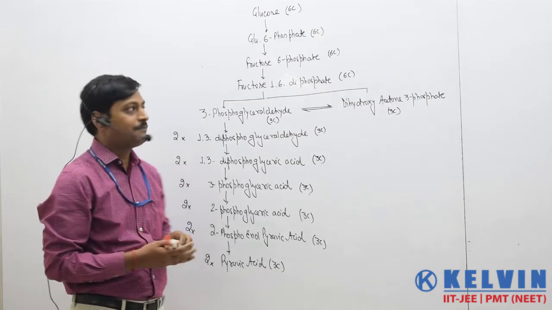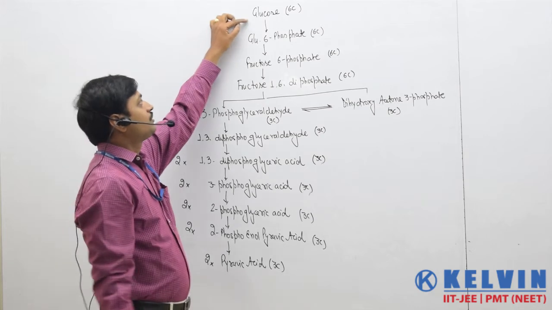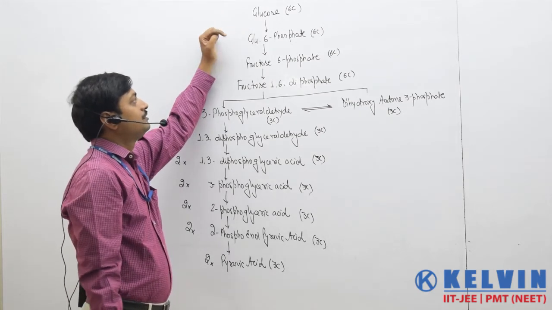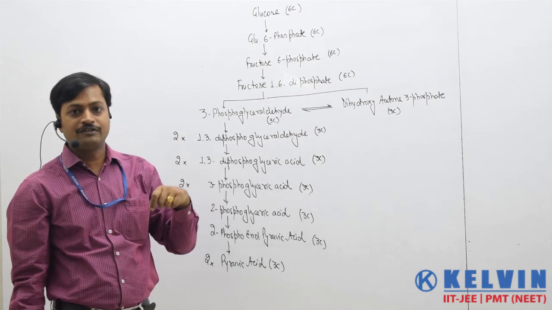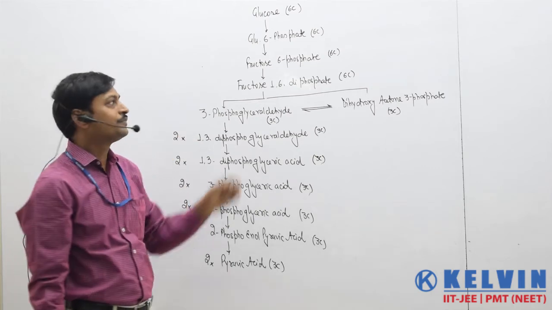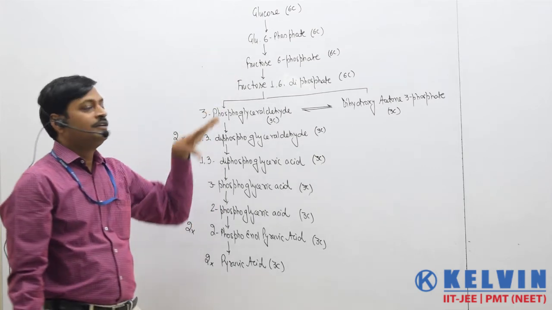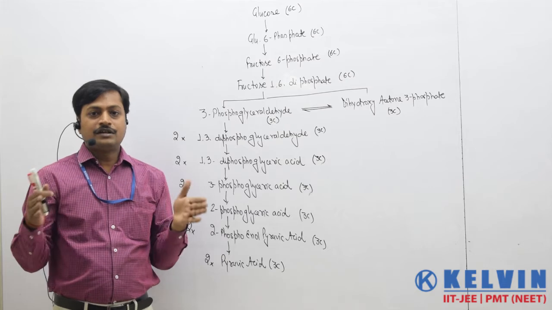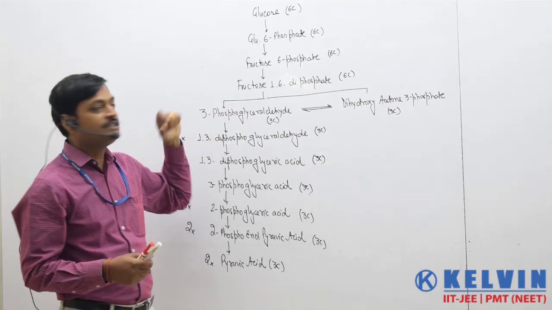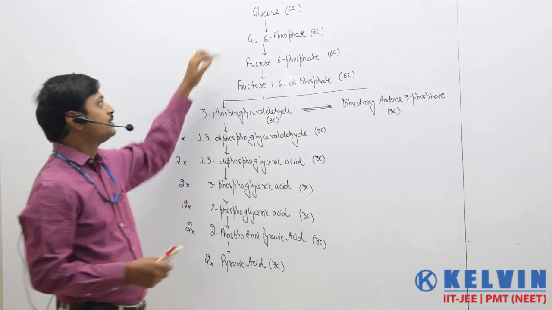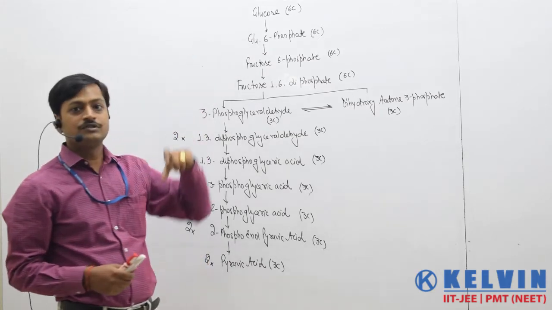What basically happens is, first of all, glucose is phosphorylated and the product will be glucose 6-phosphate. Why do we add the phosphate group at the 6th position? Because if phosphates are added towards the opposite end, then the compound will be weak and split into 2. So glucose is converted into glucose 6-phosphate.